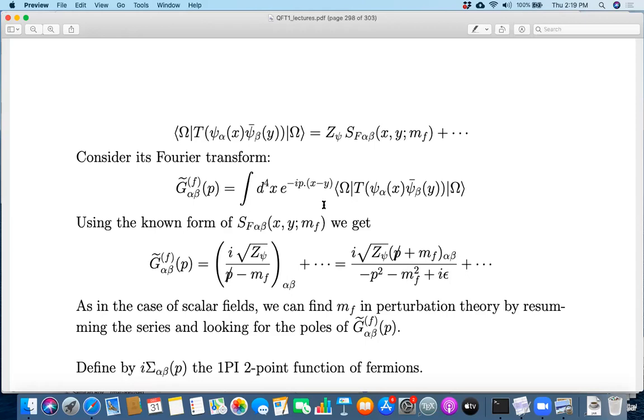Basically you determine m_f up to a given order, there you called it m_p, and then you have to expand the denominator in a power series in p square around m_p. At p square equal to m_p square, the term vanishes, and then you have to look for the next order term in the expansion. That's what determines Z.